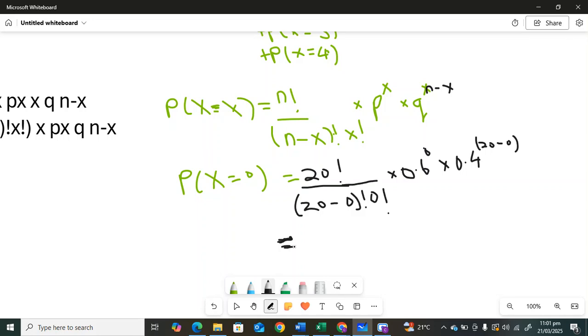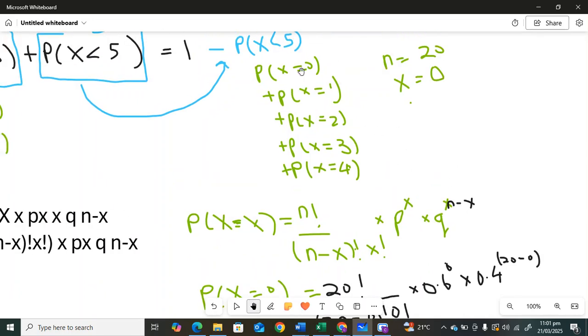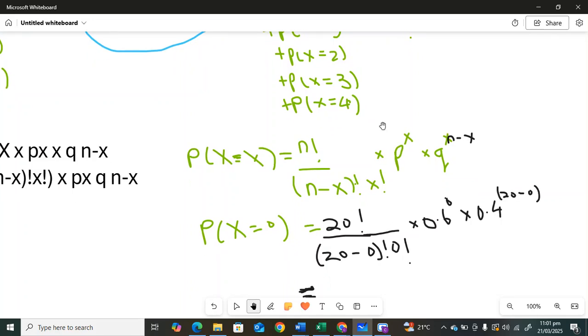I'm telling you, I'm seeing people not doing this question because look at the amount of work that we have to do. We have to calculate all these probabilities from 0 to 4. Then we add them up and subtract from 1. Yes, what's the next question?